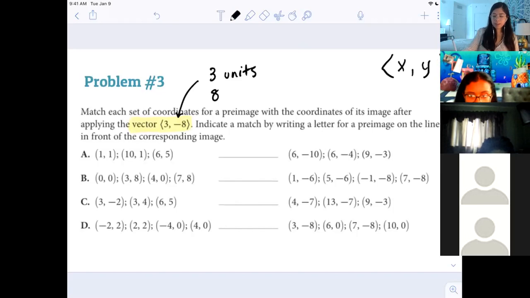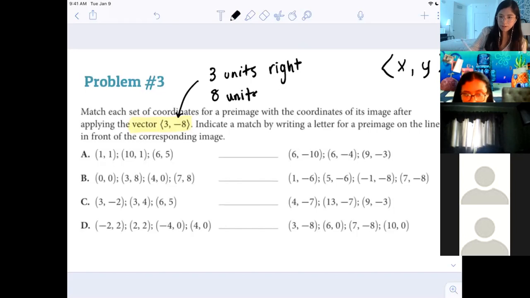X represents the x-axis, which goes to the left and the right. So the first number is left and right. In this case, it's positive, so that's 3 units to the right. You had it right the first time. Okay, so if that's right, then the other one means 8 units what? Down. This one's down. There you go.